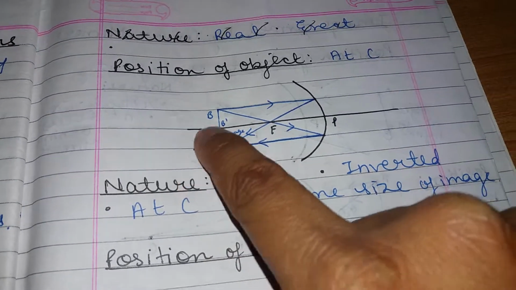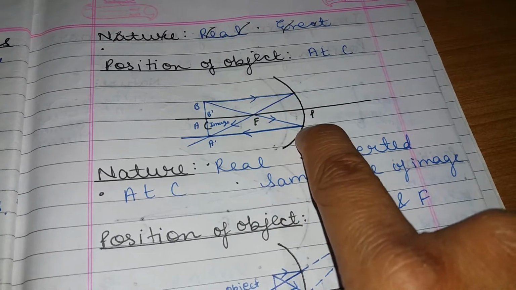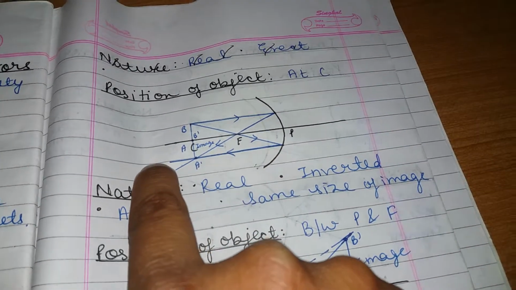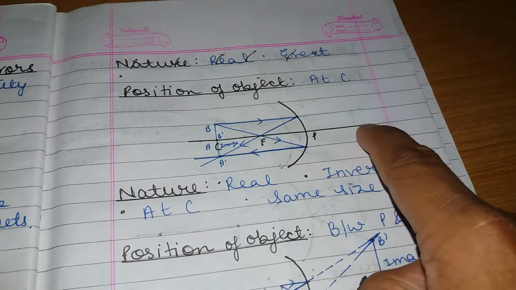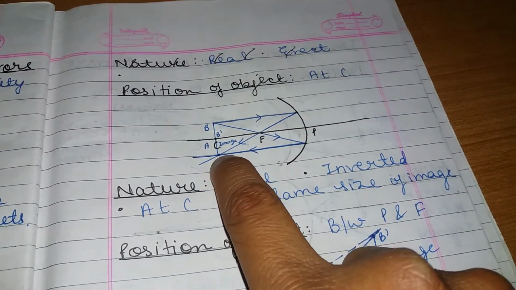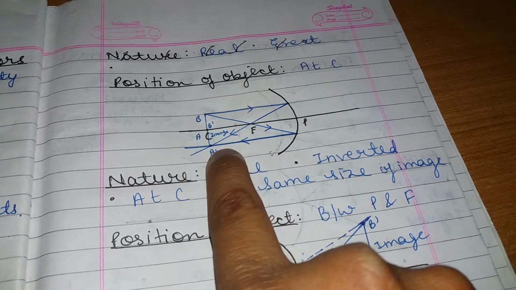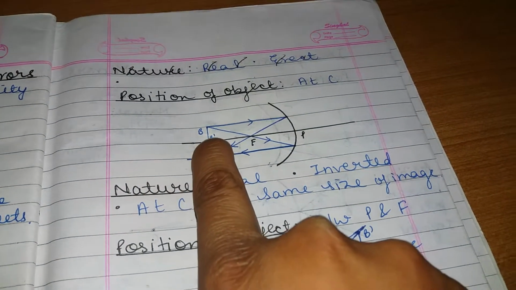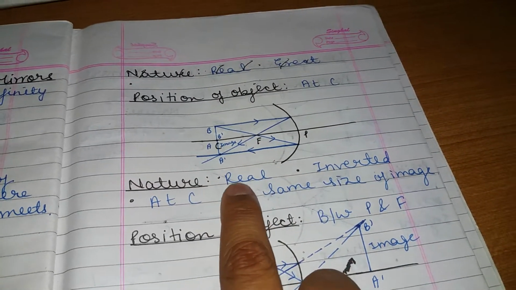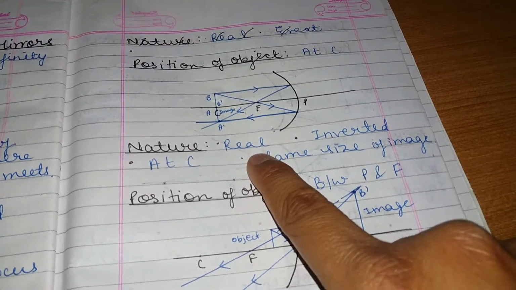In the same way, when a ray is passing through the principal focus, after reflection it will go parallel to the principal axis. Now the two reflected rays are meeting at a point which is at C. So we can say that the two rays are actually meeting, so the image is real.